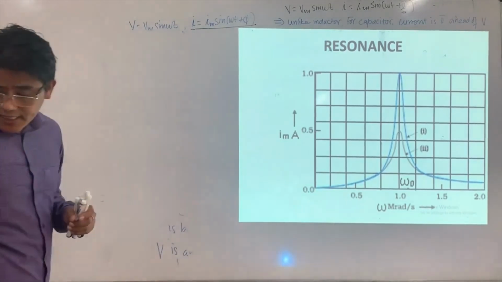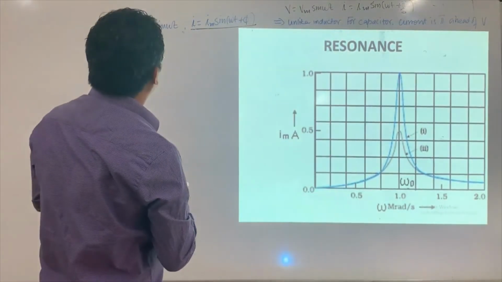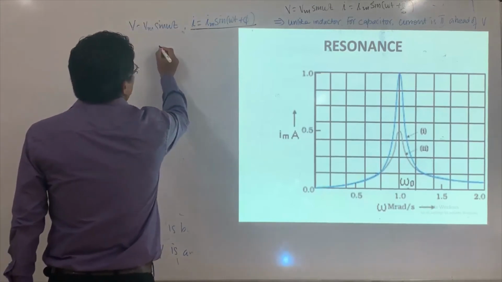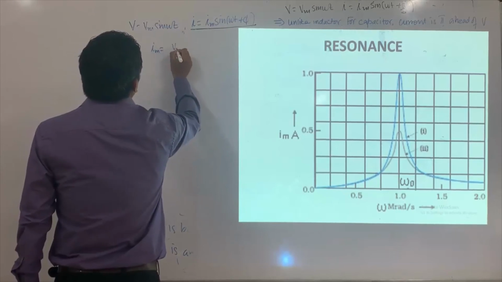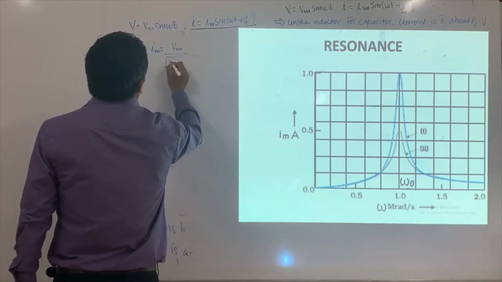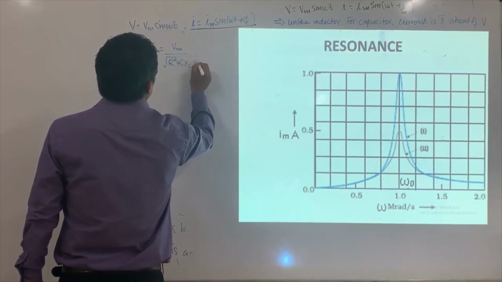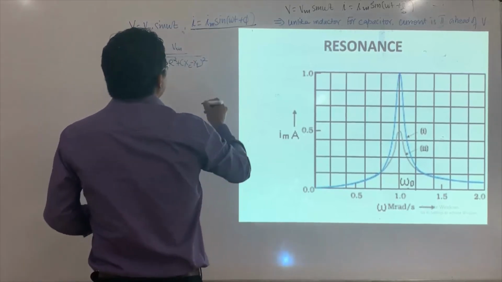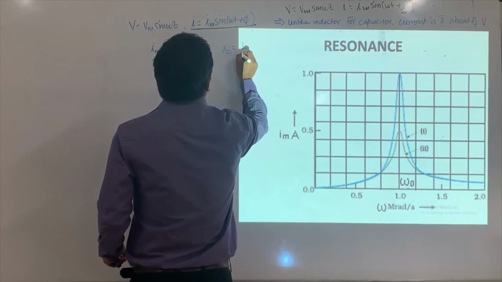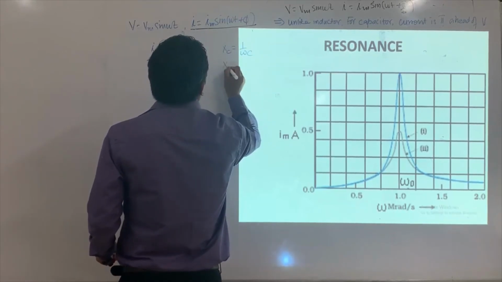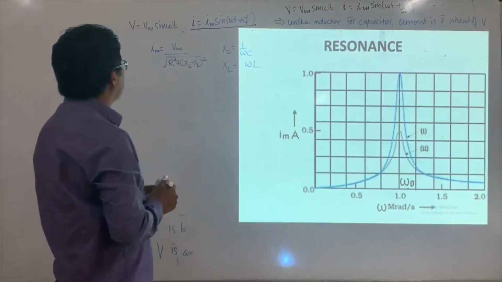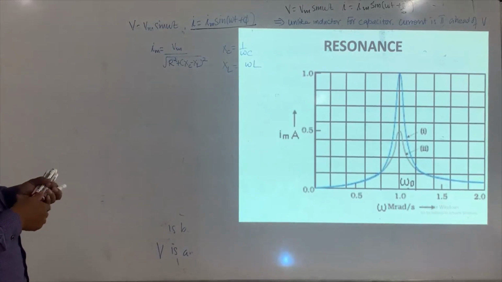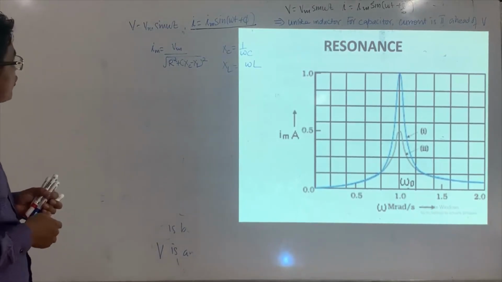When you study the LCR circuit, we say that the current Im is equal to Vm divided by root of R square plus Xc minus XL whole square, where Xc is equal to 1 by omega C and XL is equal to omega L. This is for the amplitude of current.